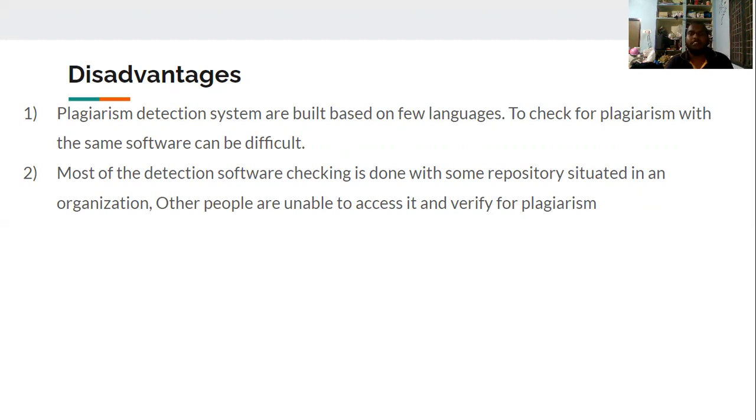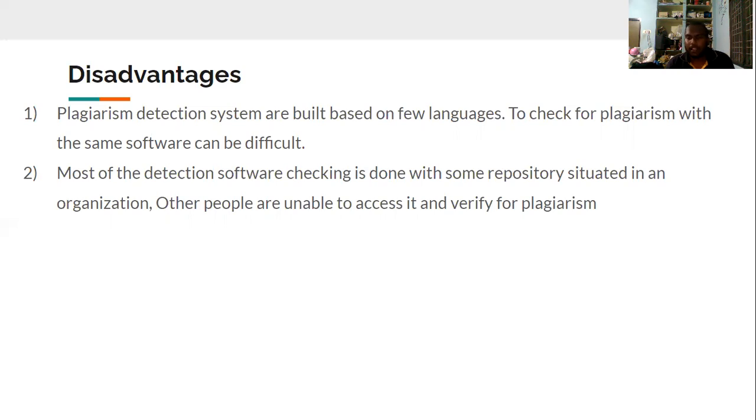Most of the detection software checking is done with some repository situated in an organization. Other people are unable to access it and verify for plagiarism. Some of the plagiarism checking is done in a repository system, which means the detection software is kept secure, so only selected people can access it, not everyone.